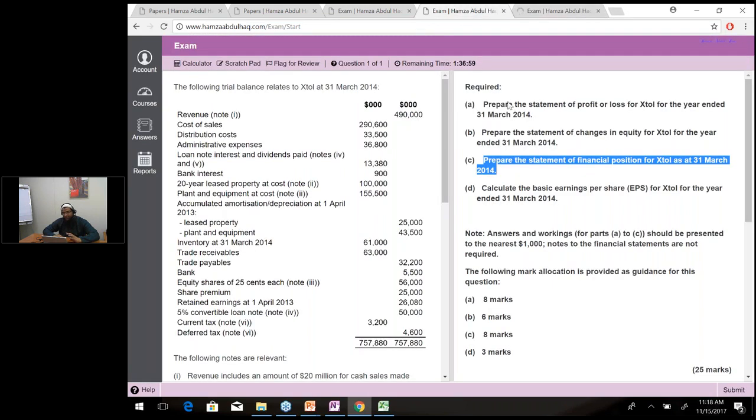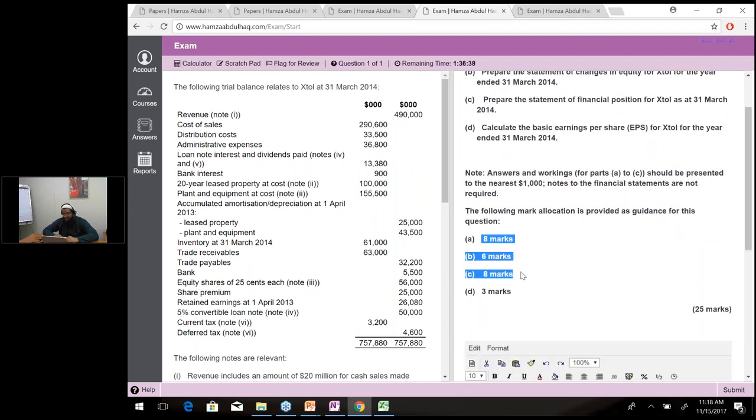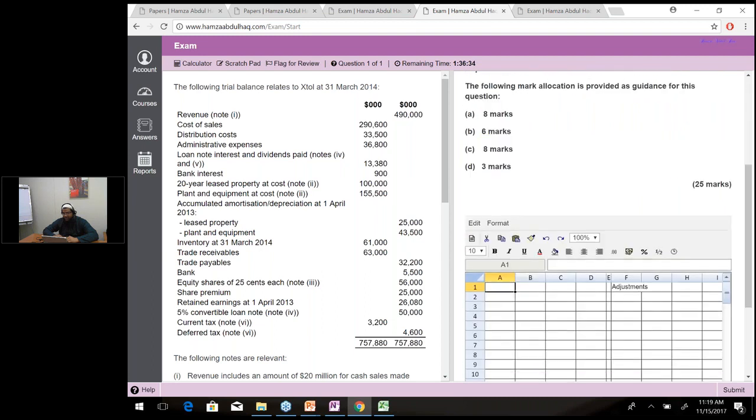The first requirement is to prepare the profit or loss. Second is to prepare the statement of change in equity, and third is to prepare the financial position, and then we have to calculate the basic earnings per share for Extol. So this is the entire requirement. First part is of 8 marks, second 6 marks, third 8 marks, and then fourth 3 marks. This is a total 25 marks question.